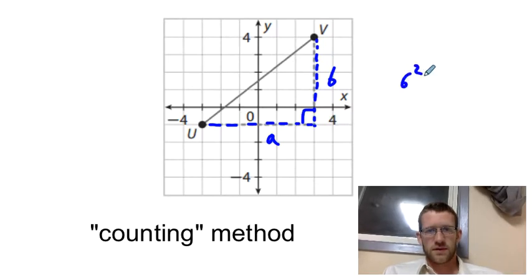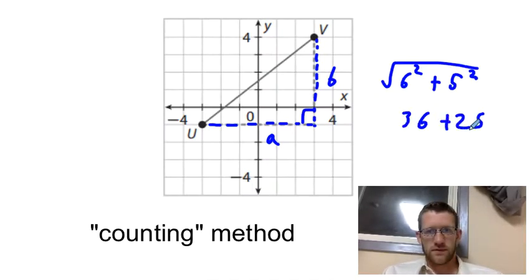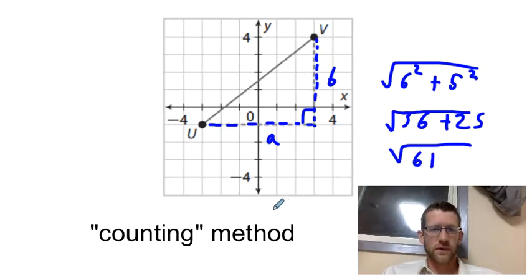So that's 6 squared plus 1, 2, 3, 4, 5 squared, and then I take the square root. So it's 36 plus 25, or the square root of 61. So either one is totally valid.